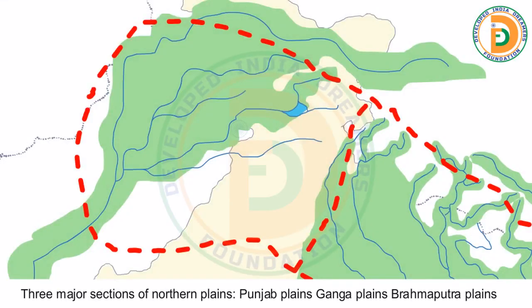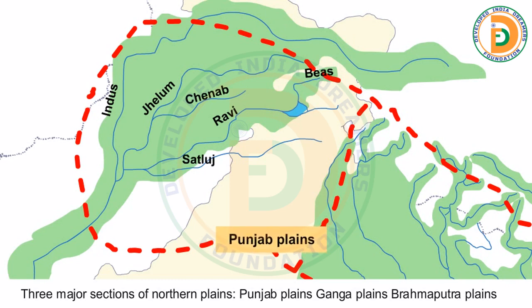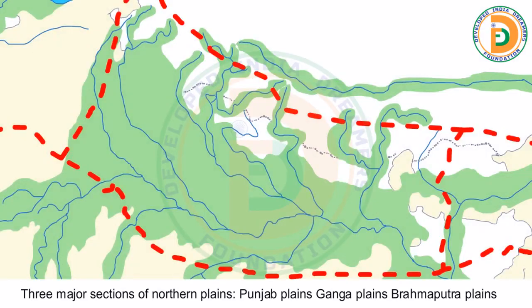1. The western part, drained by the Indus and its tributaries Jhelum, Chenab, Ravi, Beas and Sutlej, is known as the Punjab Plains. A major part of it lies in Pakistan. 2. Ganga Plains. The middle section lies between the Ghaggar and Teesta rivers.